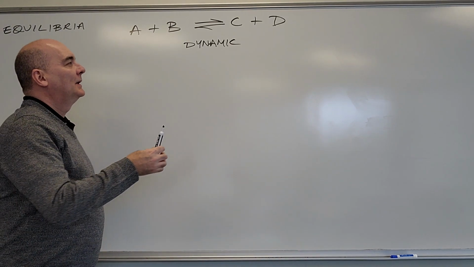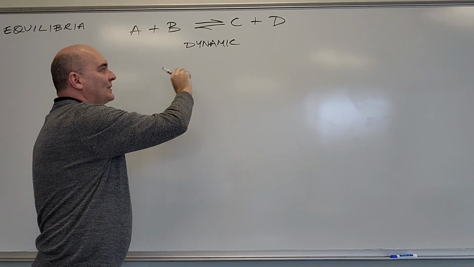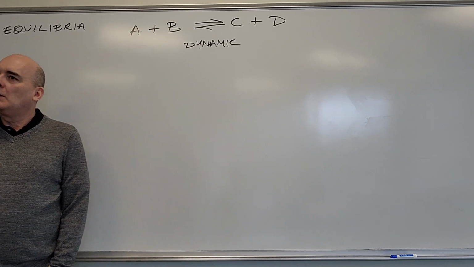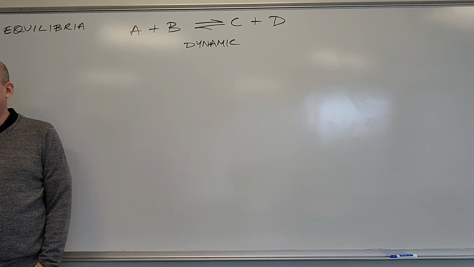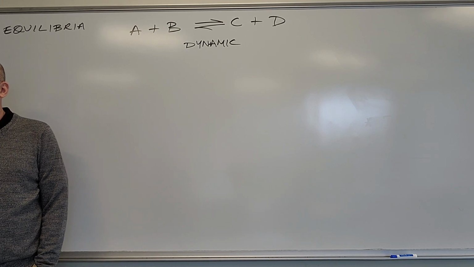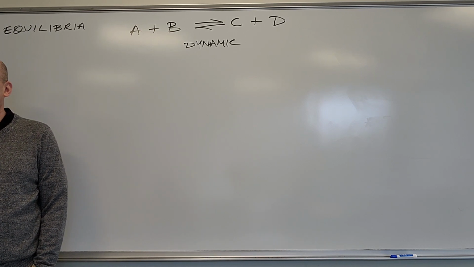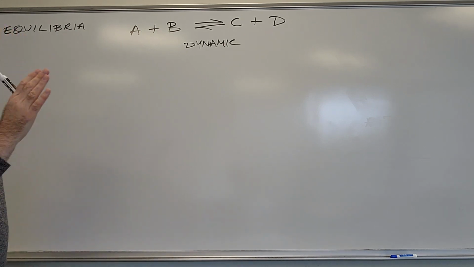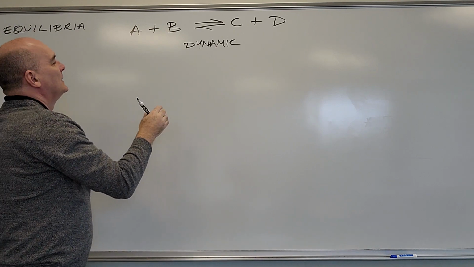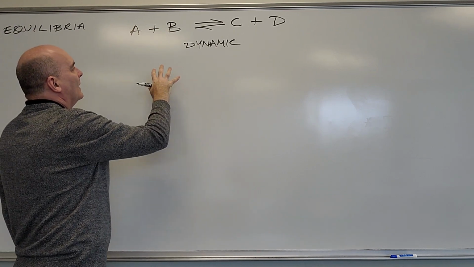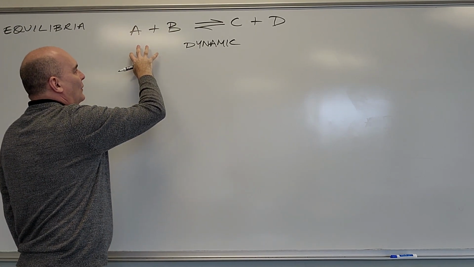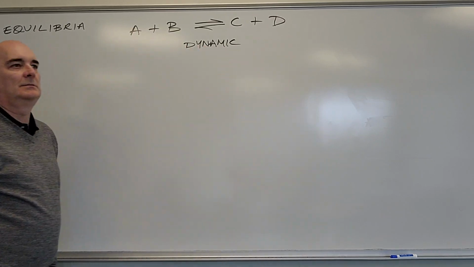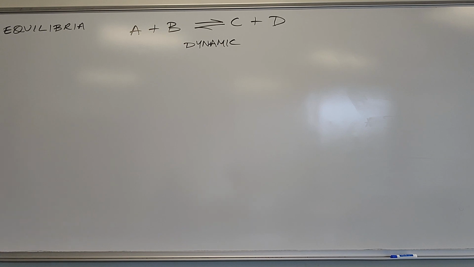What that means is that things are flowing, but the value is fixed. The position is set. When I say fixed, we can move it, but it has reached a point. So at equilibrium, the balance of A and B being turned into C and D has come to some natural point that we call equilibrium.